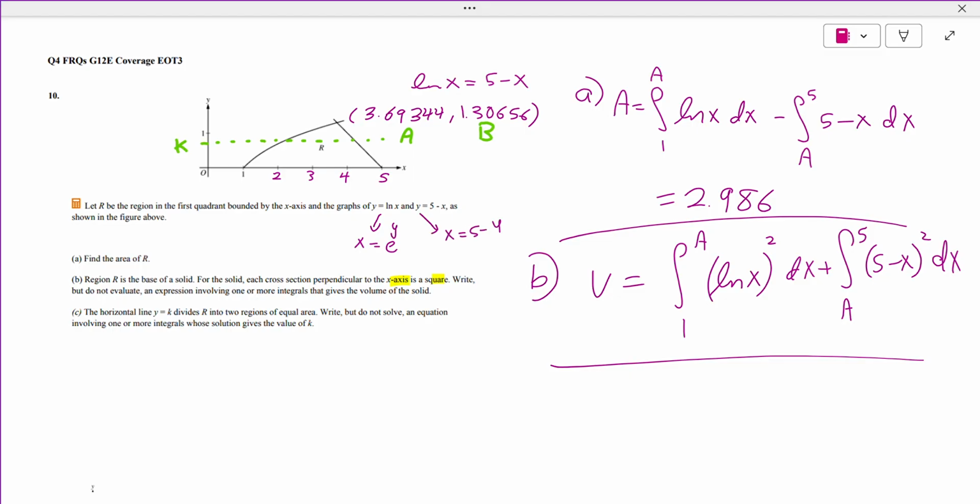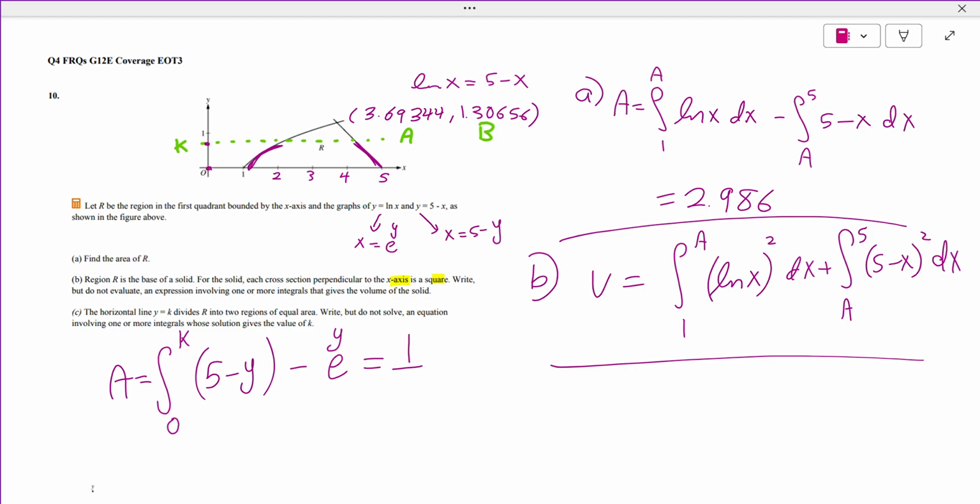5 minus y. Now, to find the area, we can integrate from 0 all the way to k of what is the upper function? Well, not the upper, the outer function. The outer function is 5 minus y, minus the inner function, which is e to the power of y, dy, equals what?